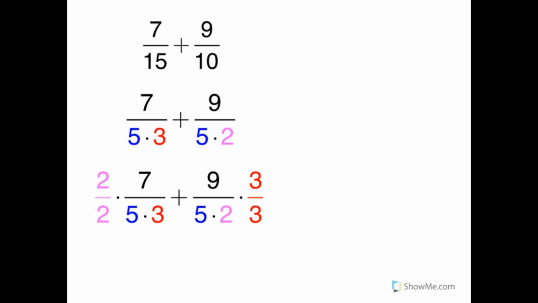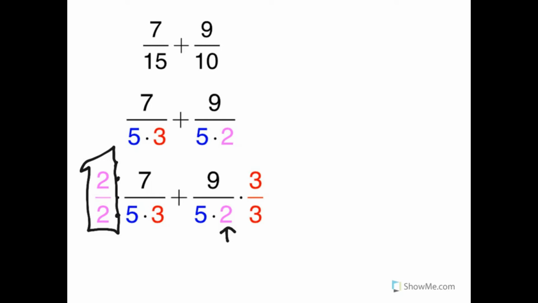Now the first denominator has a 5 and a 3, but it doesn't have the 2 that's in the second denominator. So I'm giving it a 2, and I have to multiply by 2 over 2. That is, I have to multiply the numerator by 2 because 2 over 2 is equal to 1. And when I multiply a number by 1, I don't change its value.